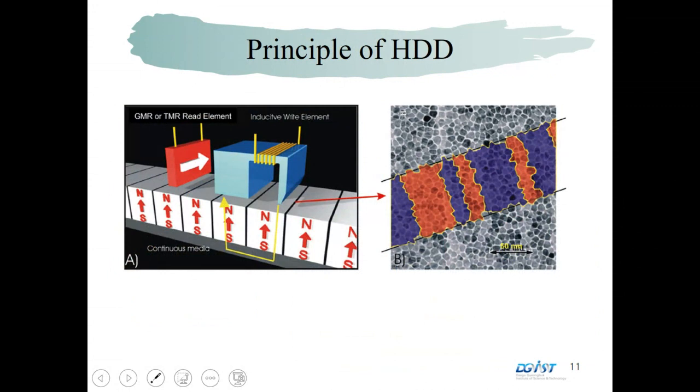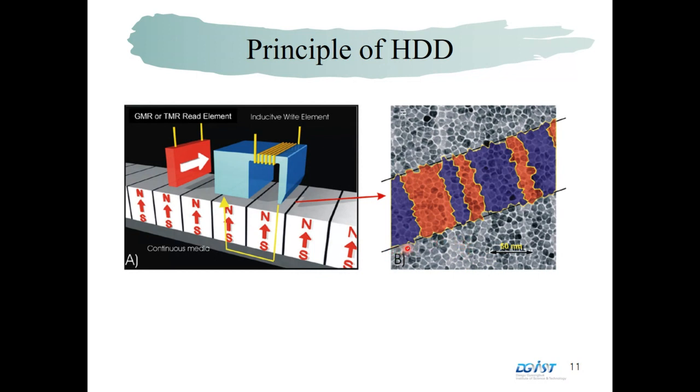And nowadays, everybody uses the hard disk drive. This is the real image of the hard disk drive, actually a TEM image. And as you see here, there are many small grains. There are some black and white, and between 2 grains, there is a white one. The white one is the so-called grain boundary.